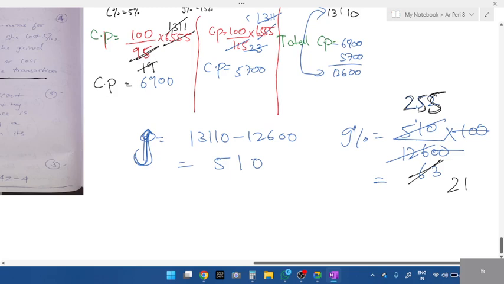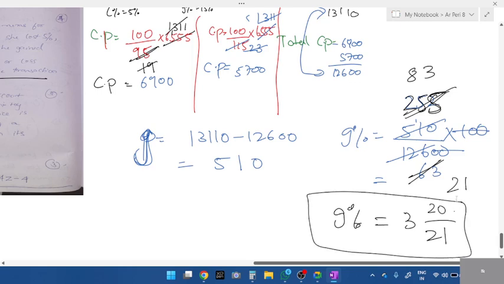Use 3 times table. 3 into 21, and how many times it goes? Very good, 83. 21 and 83 doesn't go in any, 7 times table. No. So if you reduce it, what are you getting, students? Convert into mixed fraction. Is this the answer? 320 by 21 percent is the answer, students. This is gain percent.